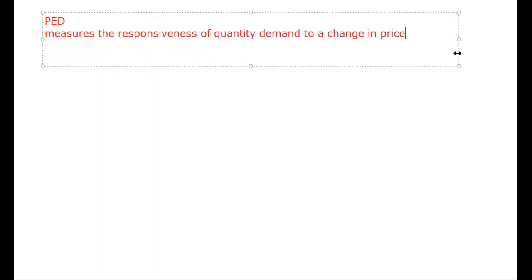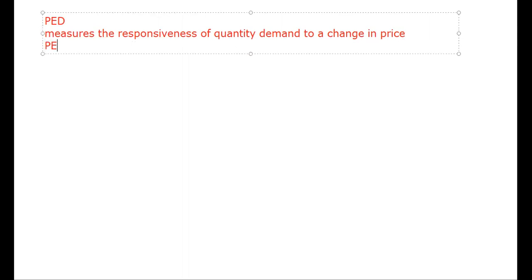By PED, we are trying to measure how much the quantity demanded of a good reacts to a certain change. How do we calculate that one?